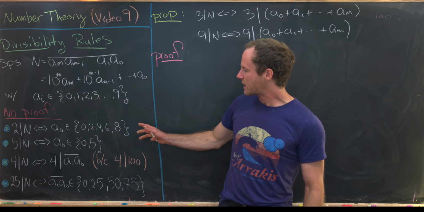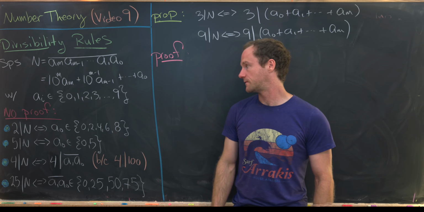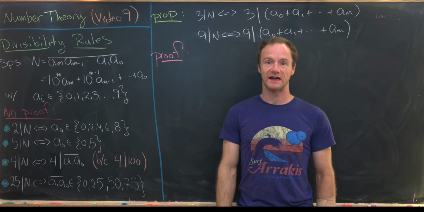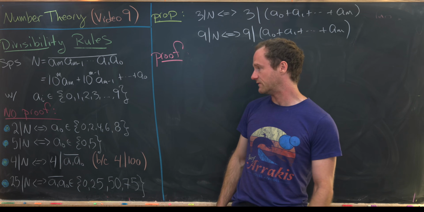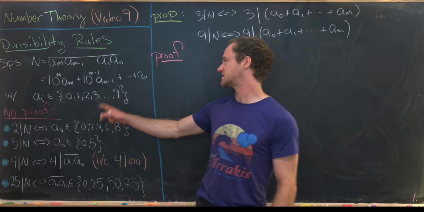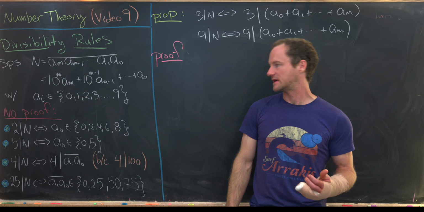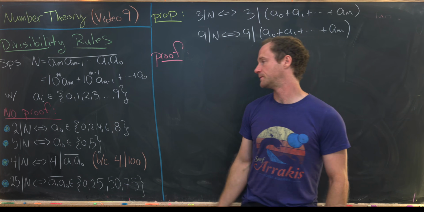Okay, and now here are 4 divisibility rules that I believe don't require any proof. First, 2 divides n. In other words, n is even if and only if the last digit is even. Notice this last digit, or ones digit, is a_0. So again, I don't think that requires any proof.